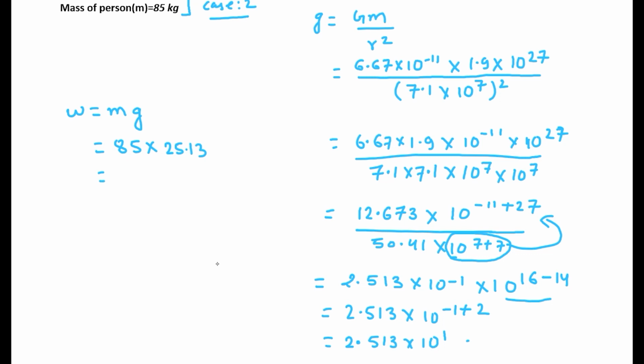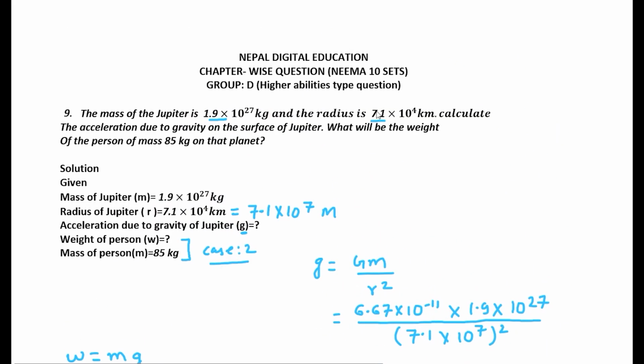So when we multiply 85 into 25.13, the required value is 2136.05. This is the required weight, the weight of a person of mass 85 kg on that planet.